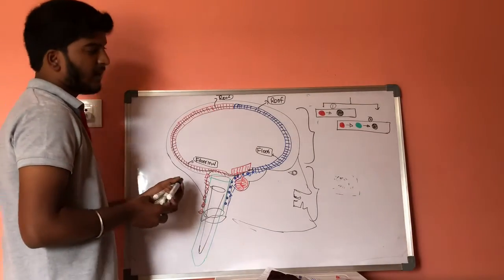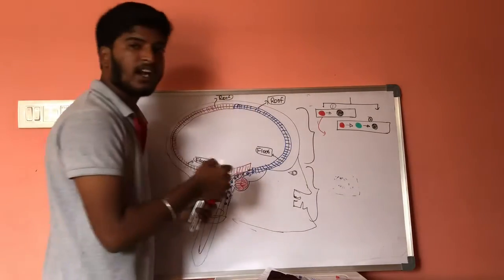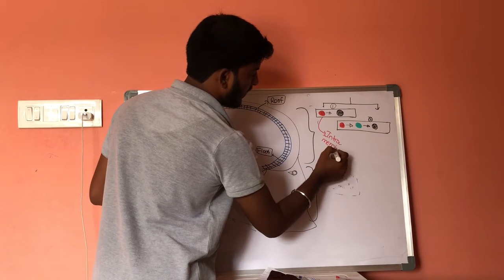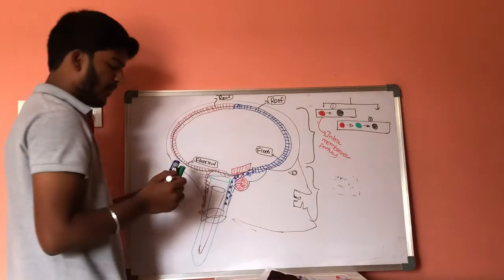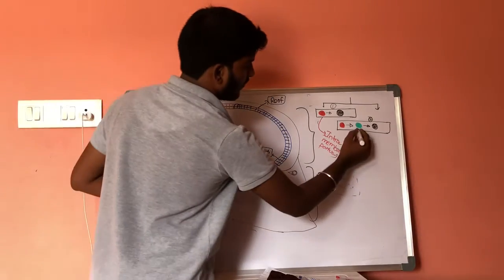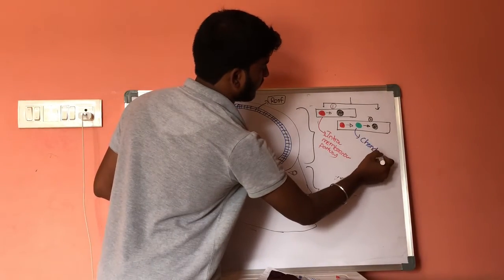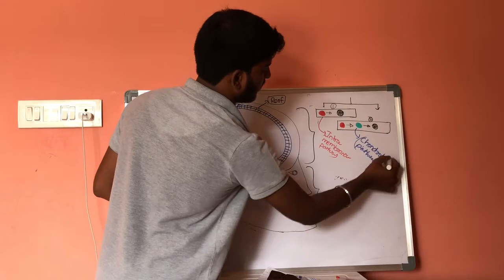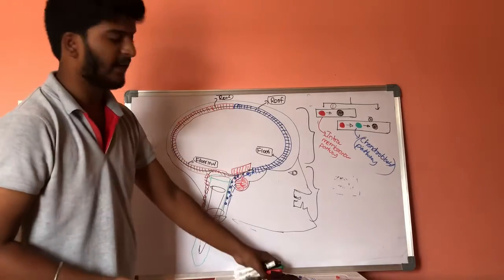The direct pathway is also called the intramembranous pathway, and the second pathway is also called the chondroblastic pathway.